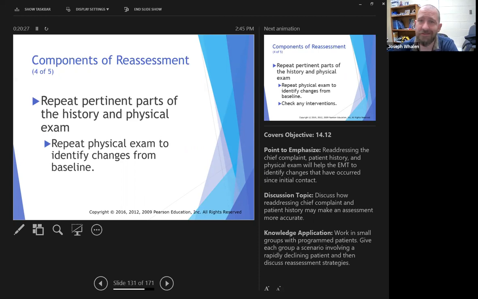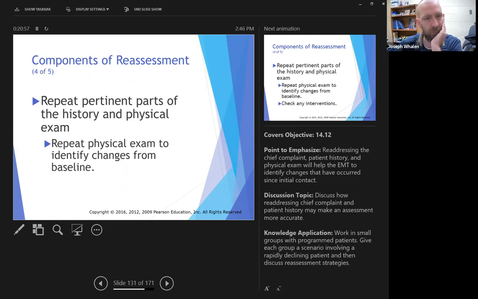One of the things that could change is the patient may not have remembered everything when they were telling you things initially. Like, oh, you know what? I forgot, when I fell, I did hit my head on the way down. I wasn't thinking, but I kind of feel it now. There's a little lump here or something like that, right? So you'll often find patients changing their stories a little bit once they've had some time to think about it, for that information to settle in.